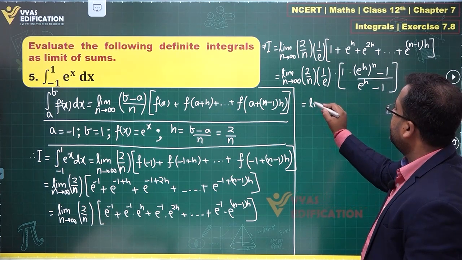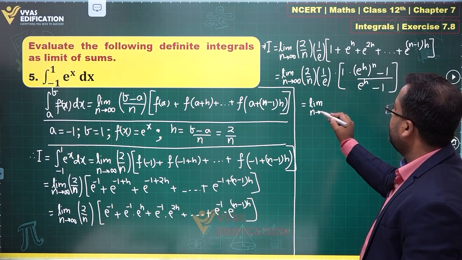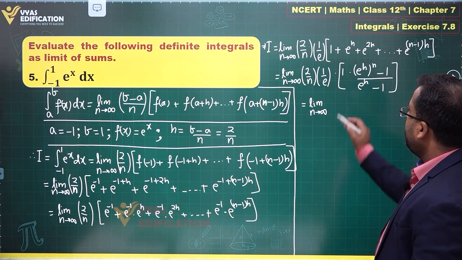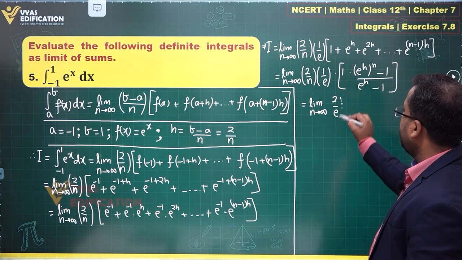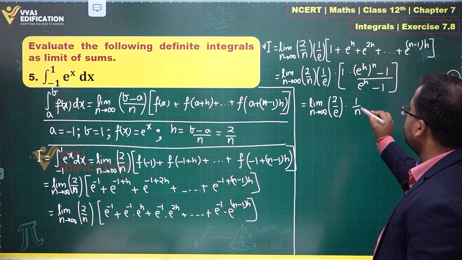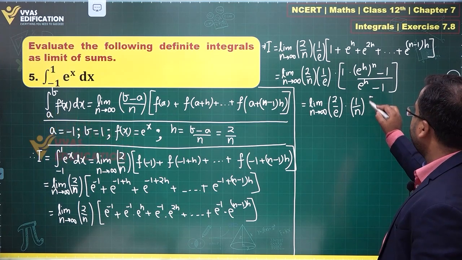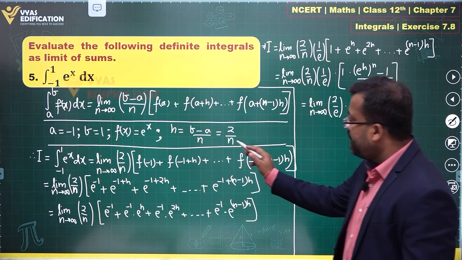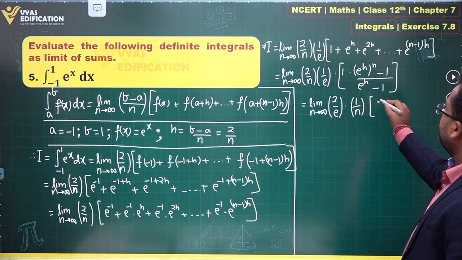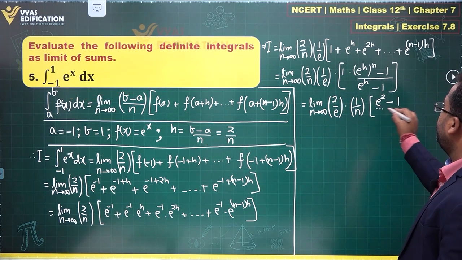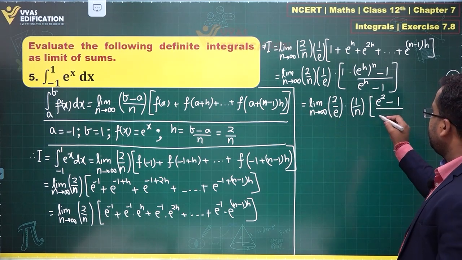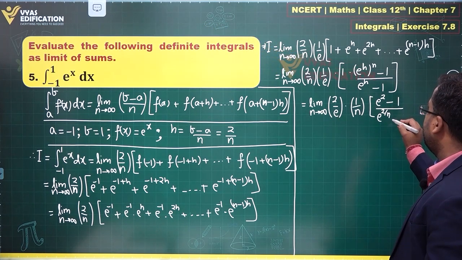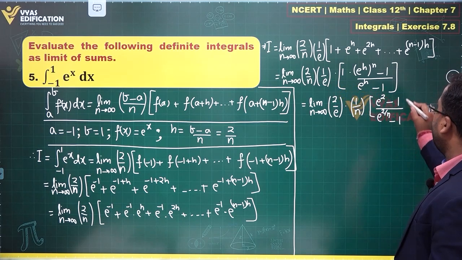Now let us simplify this further. The limit as n tends to infinity of 2 by e is okay, and 1 by n will go inside. In the numerator we have e power nh. Now e power nh is nothing but e power 2, minus 1, upon e power h, which is e power 2 by n minus 1 in the denominator.